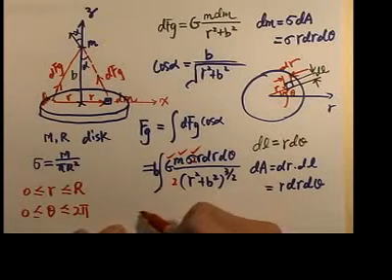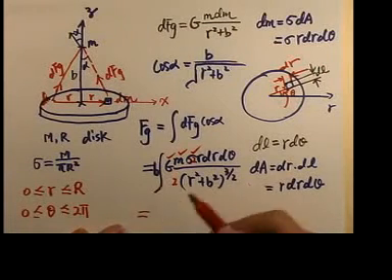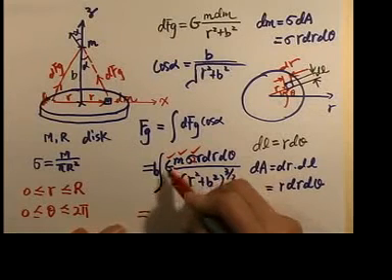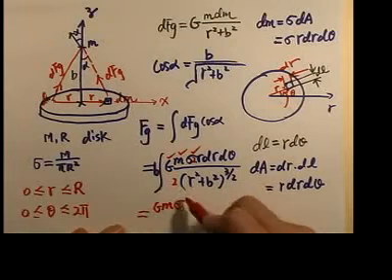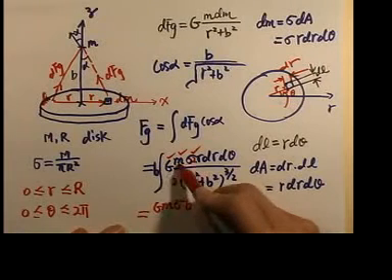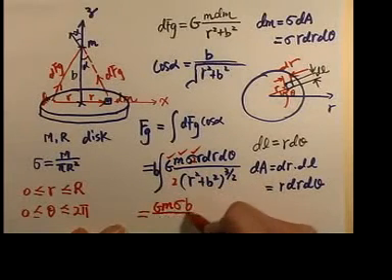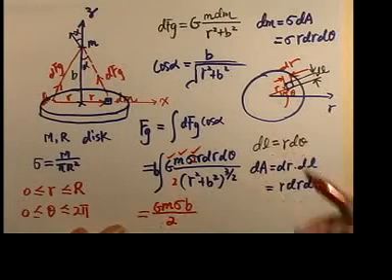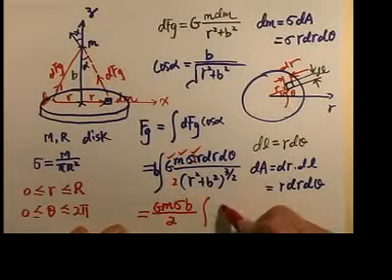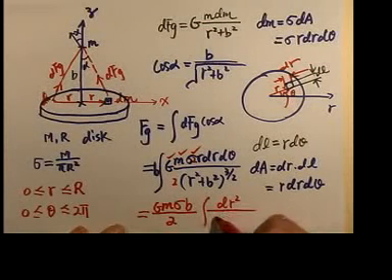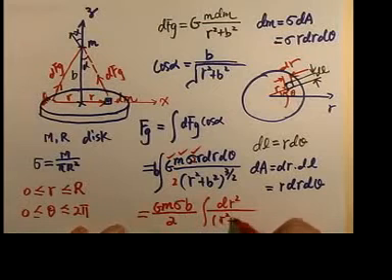So we can rewrite this equation, bringing all the constants outside: we have capital G m sigma b, and here's a 2, and then we have 2r dr, that is d r squared, over r squared plus b squared, to the 3/2.